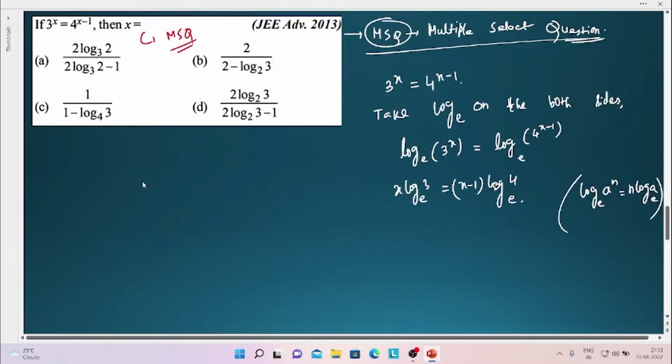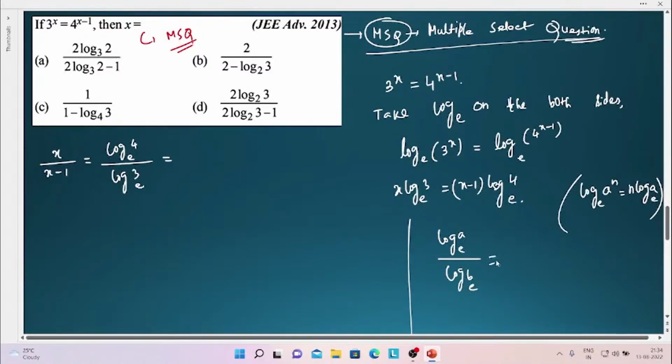4 base e, right? So if I take the x on the left side, it will be x upon x minus 1, which equals log 4 base e upon log 3 base e. We know another relation: log a base e upon log b base e can be written as log a base b.